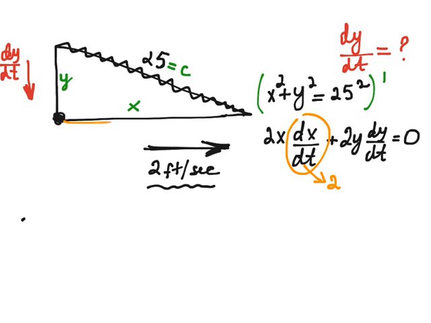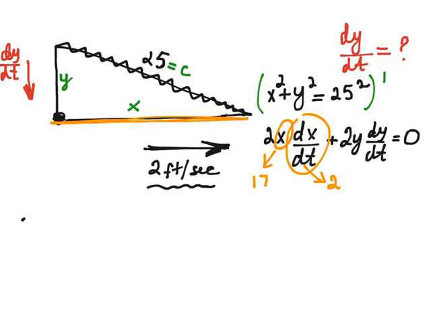So that means this distance is 17 at that moment. So x you're going to replace with 17. So right here, this x would be 17.